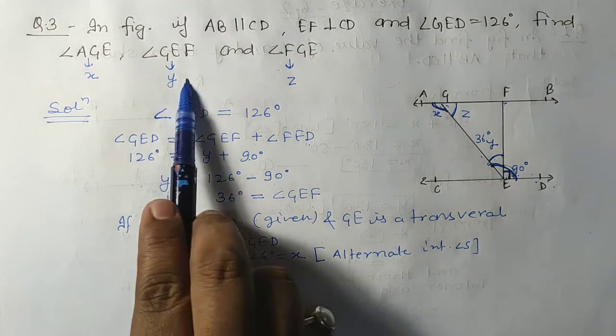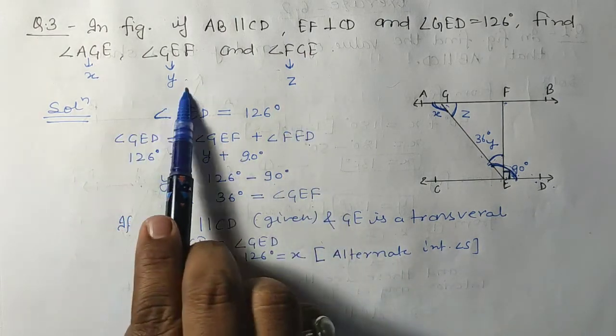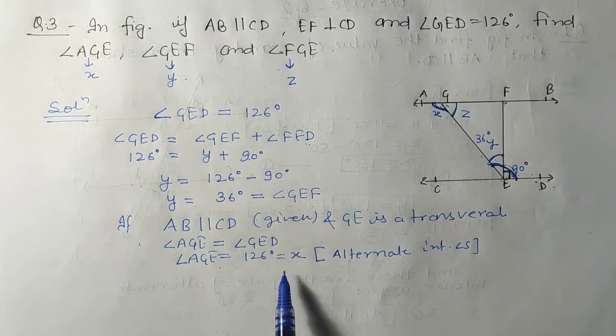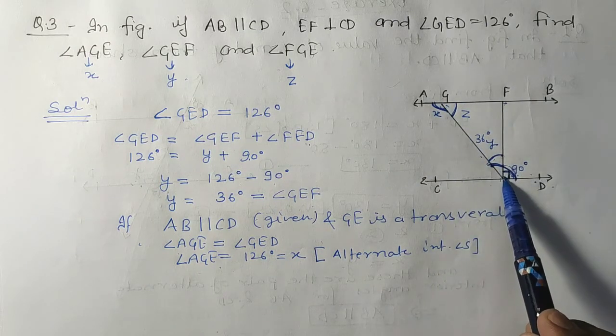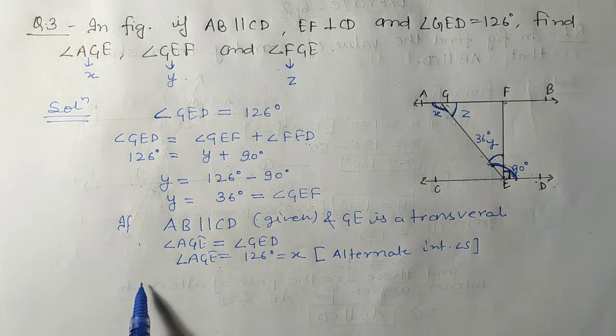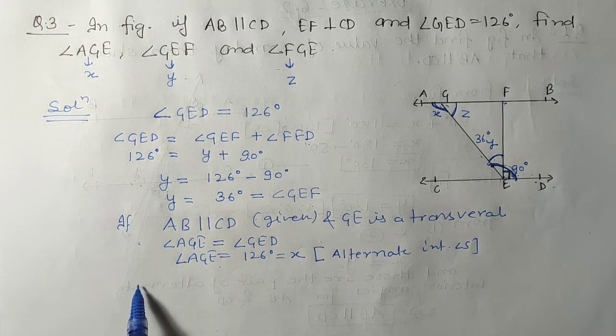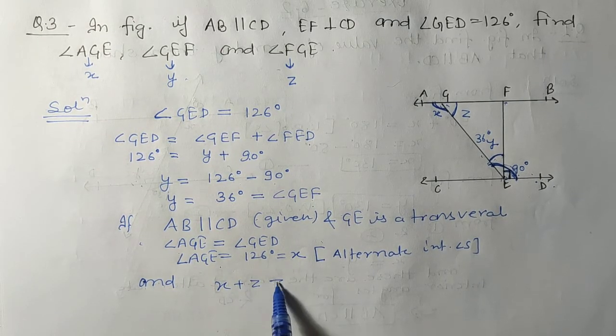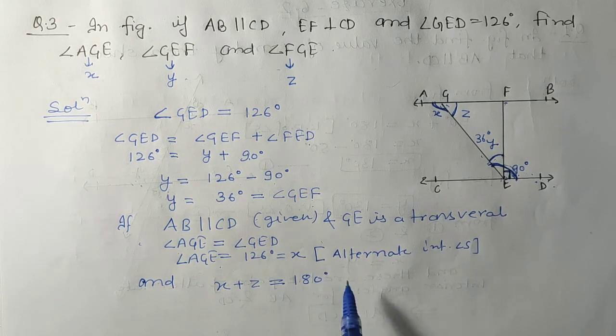Among these three we have found two, X and Y. X is 126 and Y is 36 degrees. Now the last one we have to find is FGE. We can say that X plus Z is equal to 180 degrees.